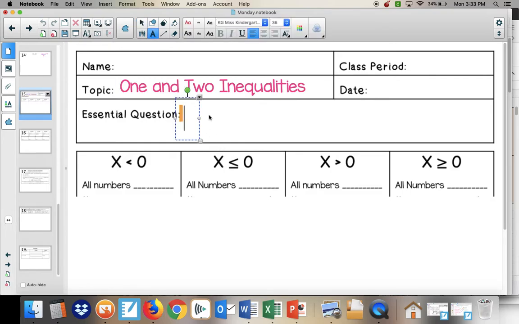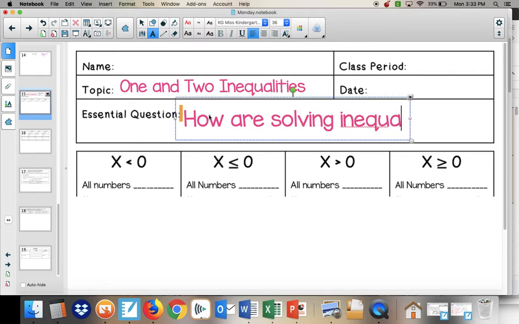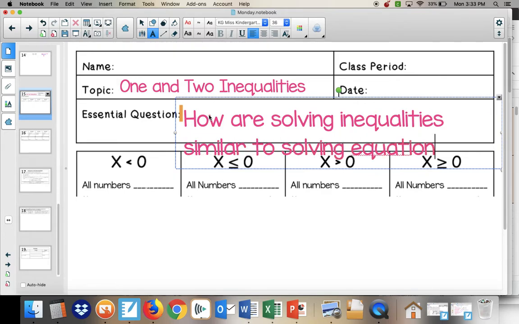So let's put our essential question today as: how is solving inequalities similar to solving equations?